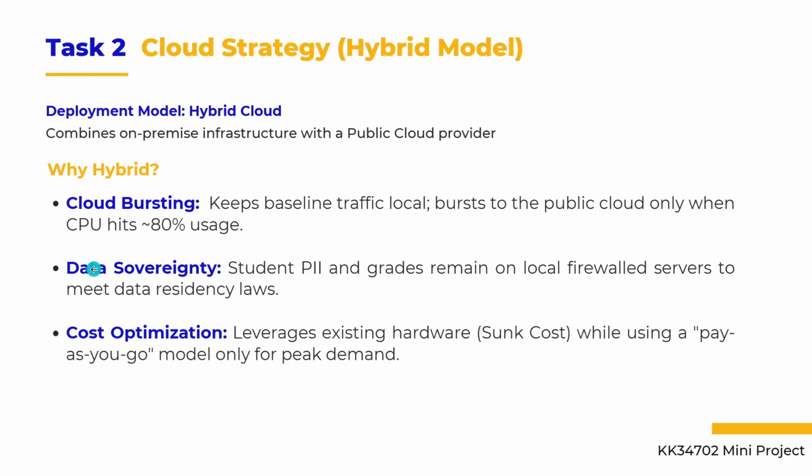And then data sovereignty. The student PII and grades remain on local firewall servers to meet data residency laws. And then finally, the cost optimization, which leverages existing hardware while using a pay-as-you-go model only for peak demand.